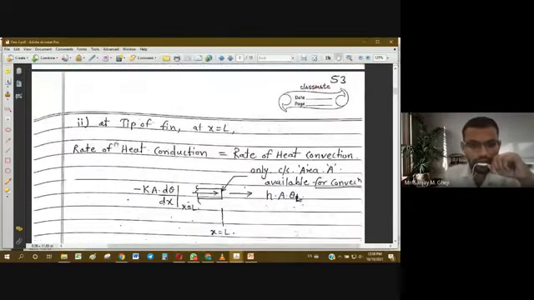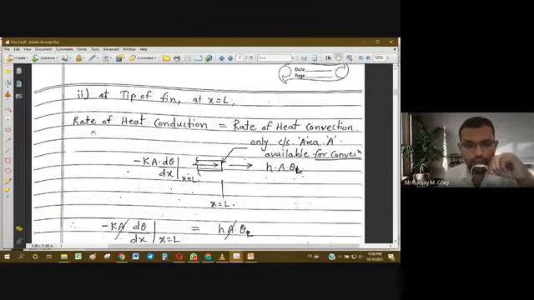Okay, so at the tip of the fin, at x equal to L, we have assumed that there is some heat transfer by convection at the tip. So we can write an energy balance: rate of heat conduction is equal to rate of heat convection. Whatever heat is coming through the fin body by conduction at the tip is going to equal the rate of heat convection from the tip to the surrounding fluid.